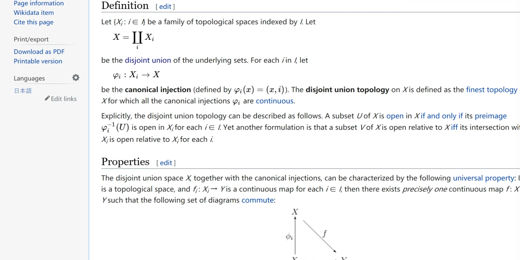Now we have to define the topology. We give a canonical injection for each set. The disjoint union topology is defined as the final topology on X, the finest topology for which all the canonical injections are continuous.